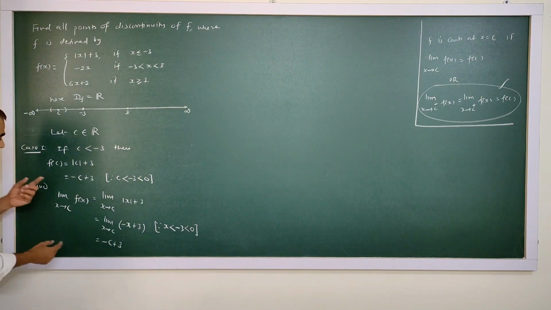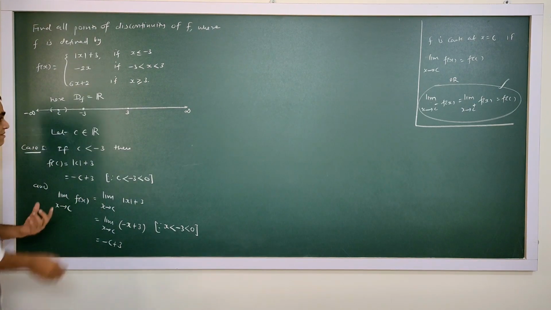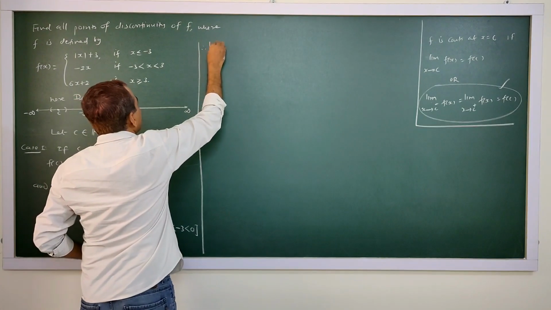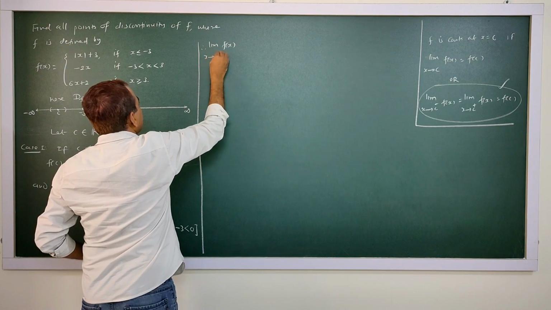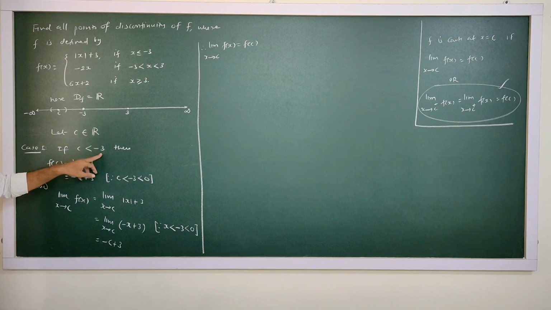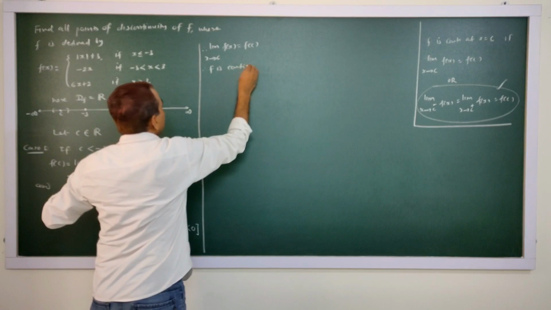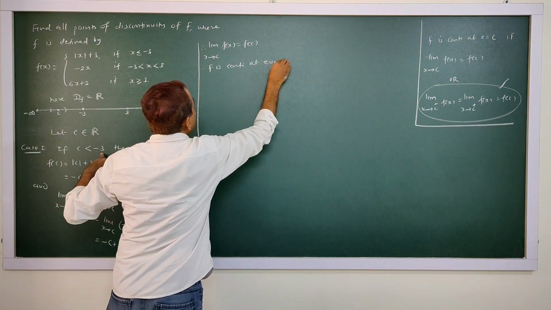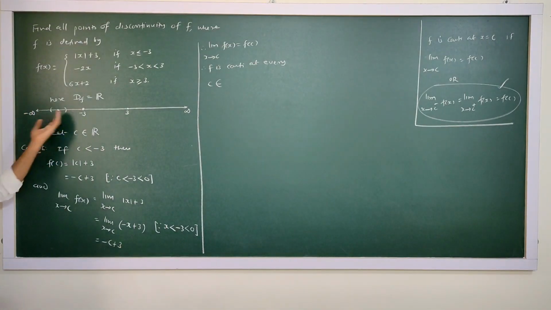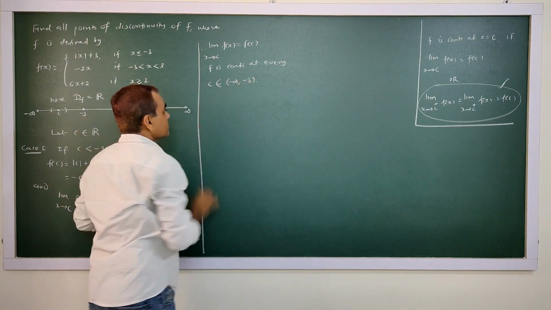So you can see that these two values are equal. So the limit of f(x) is f(c). Therefore, the limit of f(x) as x tends to c is f(c). If c is less than minus 3, therefore this function is continuous at every c belonging to this interval minus infinity to minus 3. So case 1.